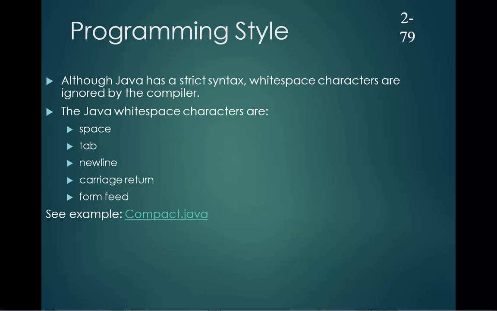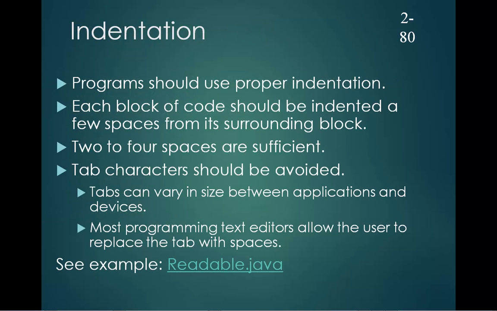And white space is very important in a program because it aids the reading of that program. We have different white space that is used for different purposes. I urge you to look at the example compact.java in the chapter to see the consequences of different types of white space.